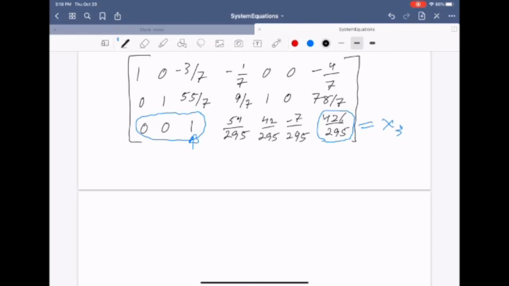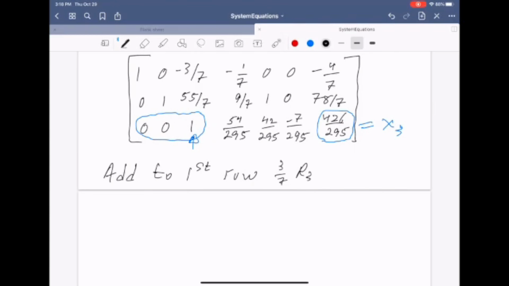And we do that by adding to the first row, add to first row, 3/7 of row 3.